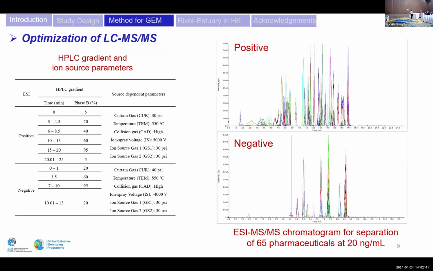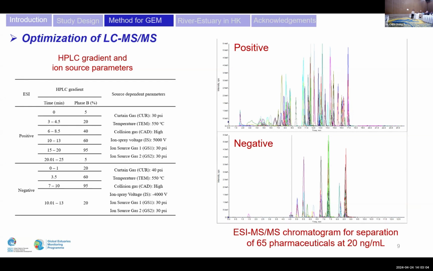Now let's move to the results. The first is about the optimization of the LC-MS/MS. This table shows the gradient elution and its ion source parameters.